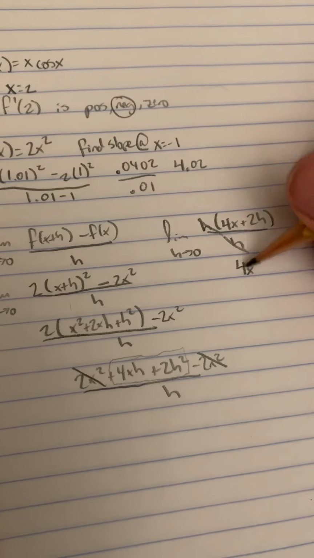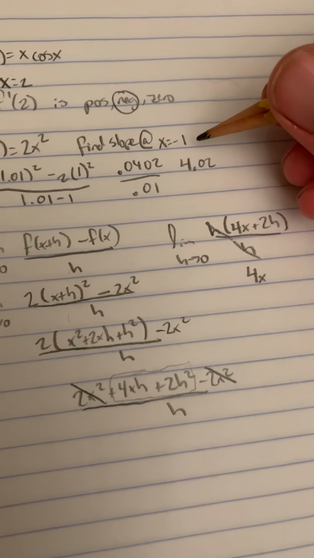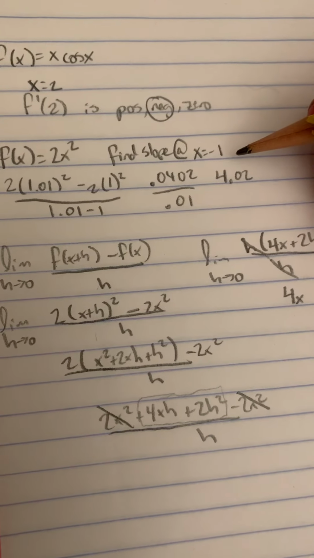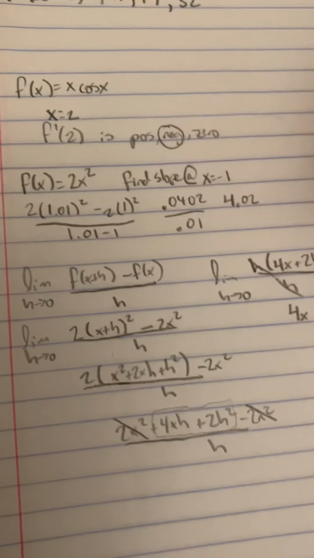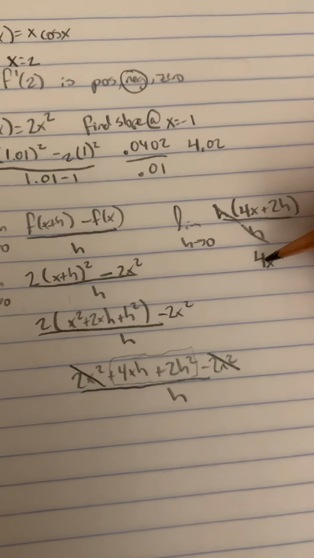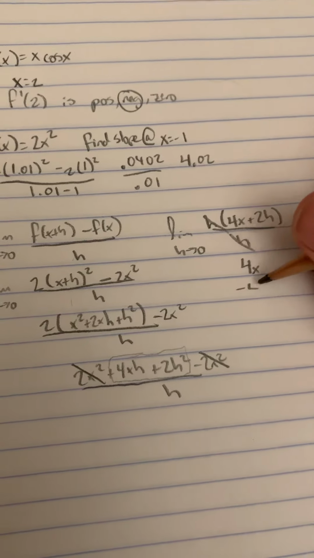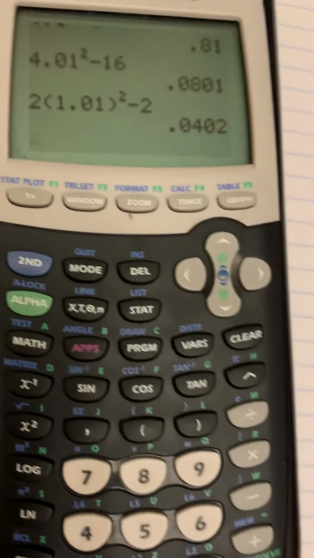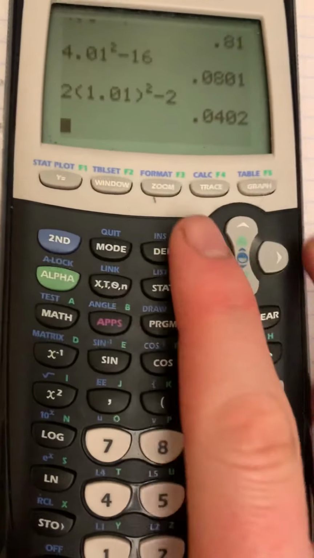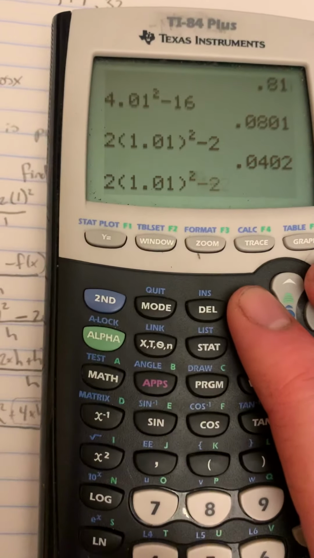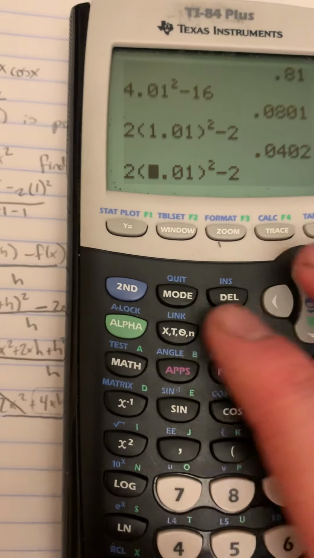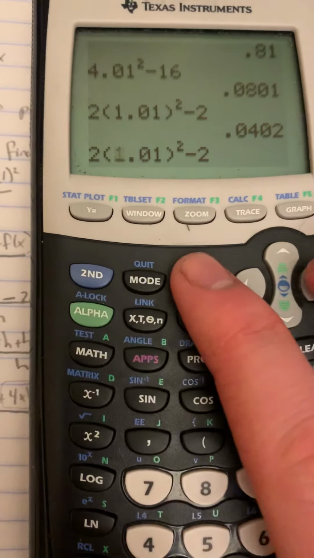And remember, I wanted to find this as x approached -1, not at +1. So this was wrong because I put a +1 in. So if I plug in a -1, I would get -4. And if I had plugged in a negative into this thing properly, this is what happens when I'm doing everything while I'm looking at my phone screen.